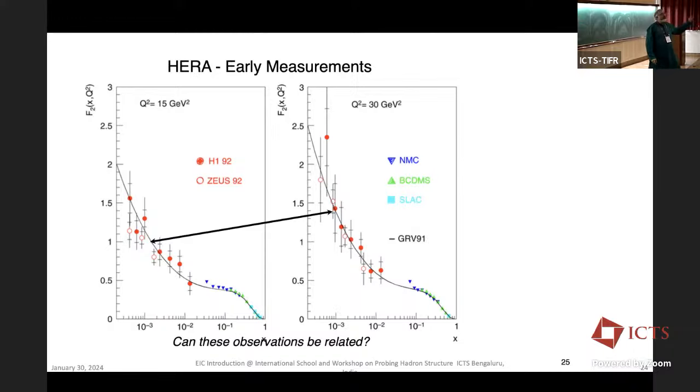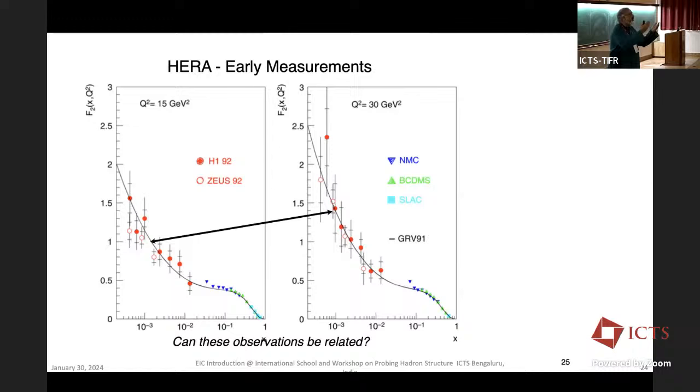And Ravindran told you today that there is a scaling that should be the same. So what is different about them? This was the hint of scaling violation, and that is because the quarks at different scales are radiating differently. There are gluons inside. The gluons are in action there.